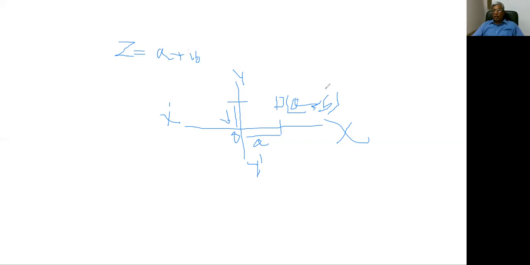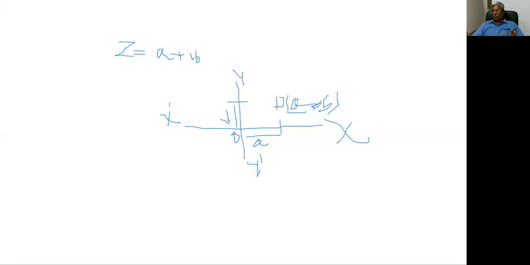This plane is called the Argand plane, and this diagram is called the Argand diagram. In the real number system, we can also find the same: if you write 2 and 3, you can find P(2, 3).